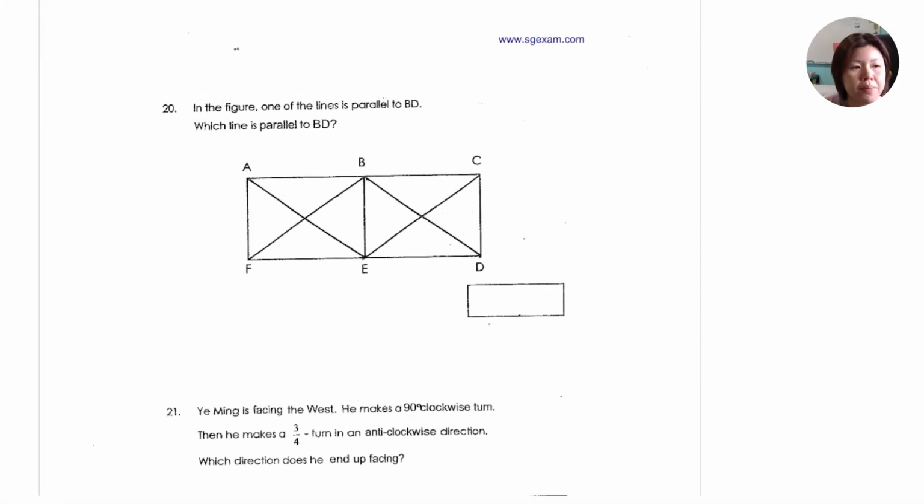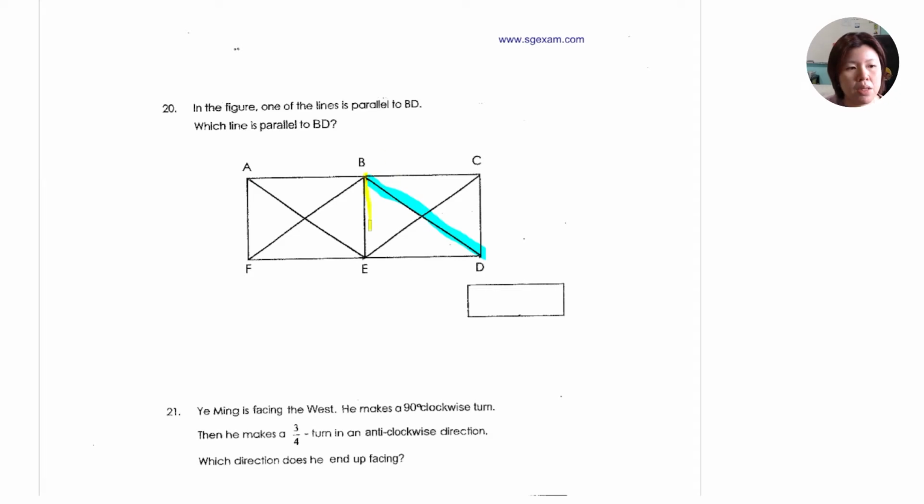Okay, in the diagram here, it's asking which of the lines is parallel to BD. Parallel is the lines that do not meet one another. So let me find BD first. So BD is here. So we'll take a look at the possibilities.